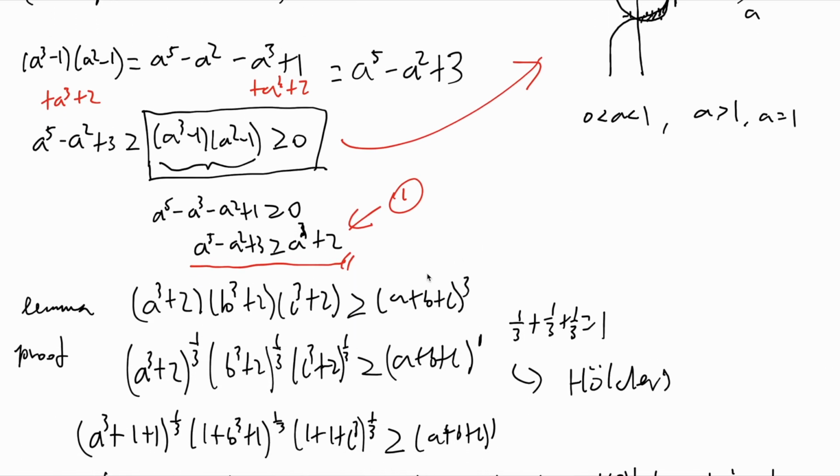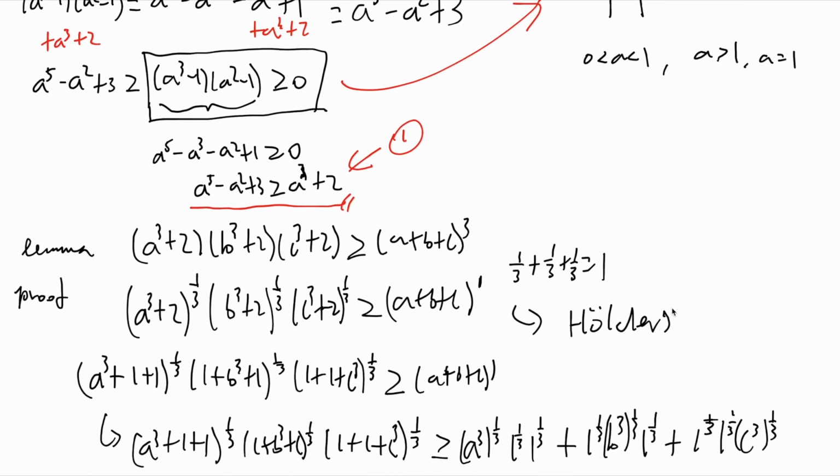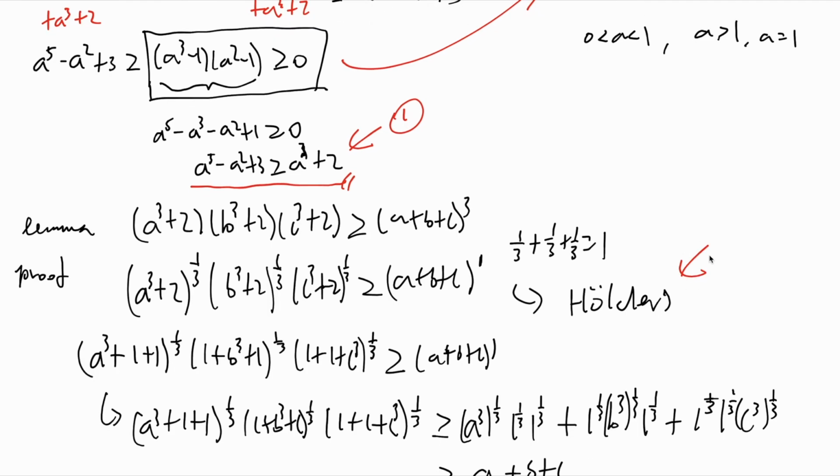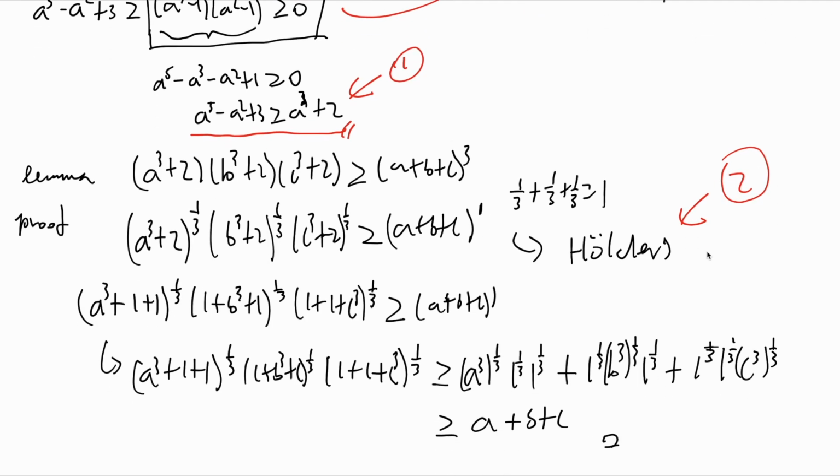And then writing a lemma, and then our last kick was noticing that we have cube here, and our left hand side is also cyclic, which means we can cube root both sides and then use Hölder's inequality.